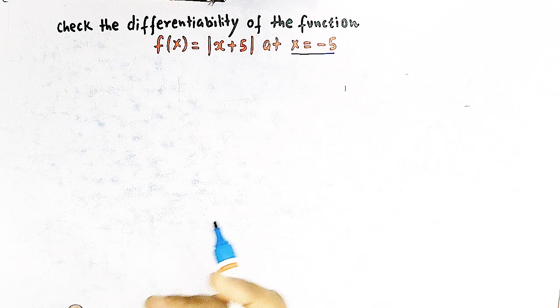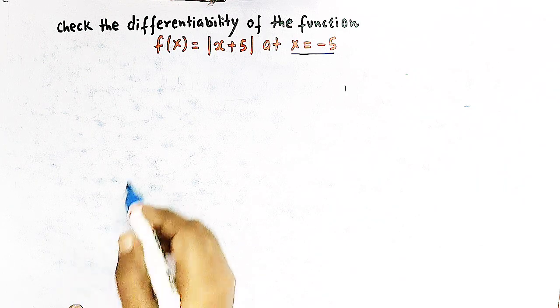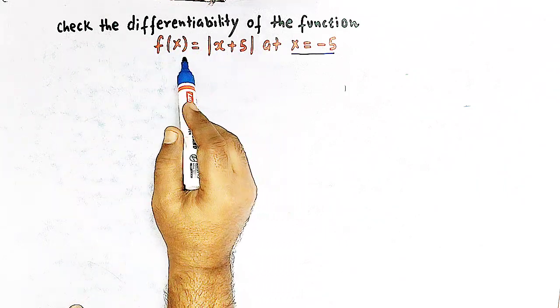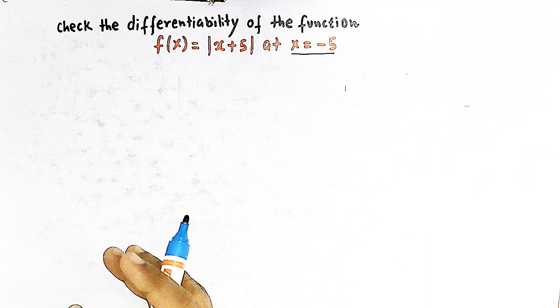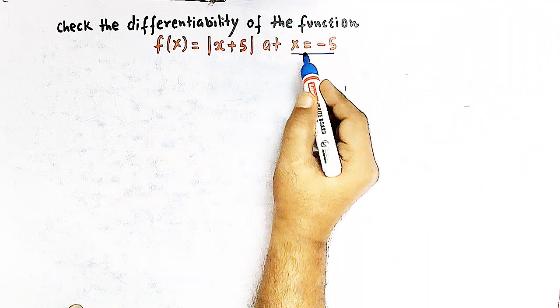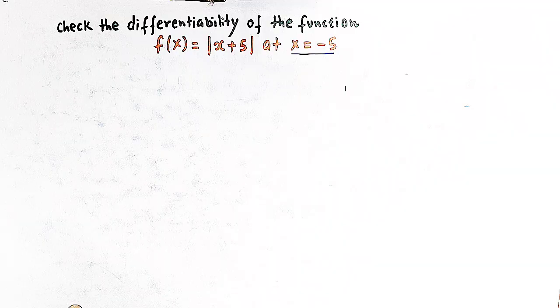To check the differentiability, we are going to make use of the concept of right hand derivative and left hand derivative at x equal to minus 5.